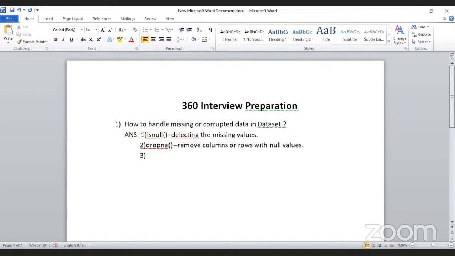By using that, we can fill our null values.